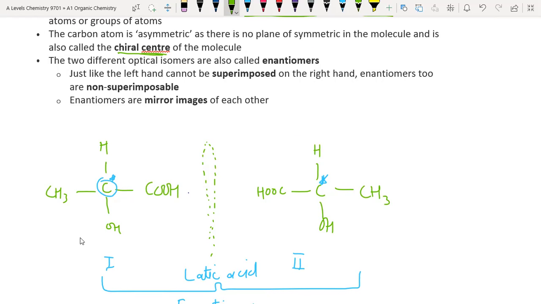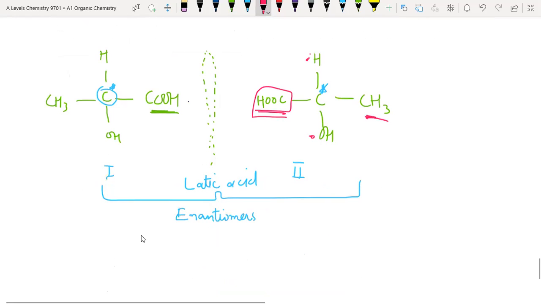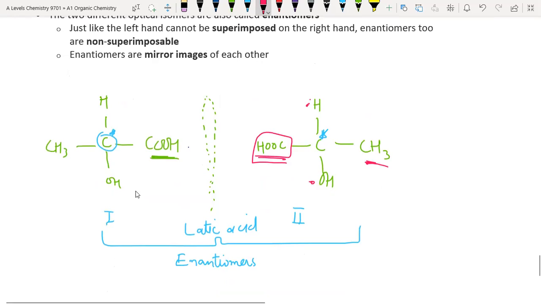This is the lactic acid formula. Lactic acid, when it is placed in front of a mirror, forms a mirror image like that. These two groups will remain at their own position, but these two groups will exchange their position. Both these structures are optically active and will form enantiomers.